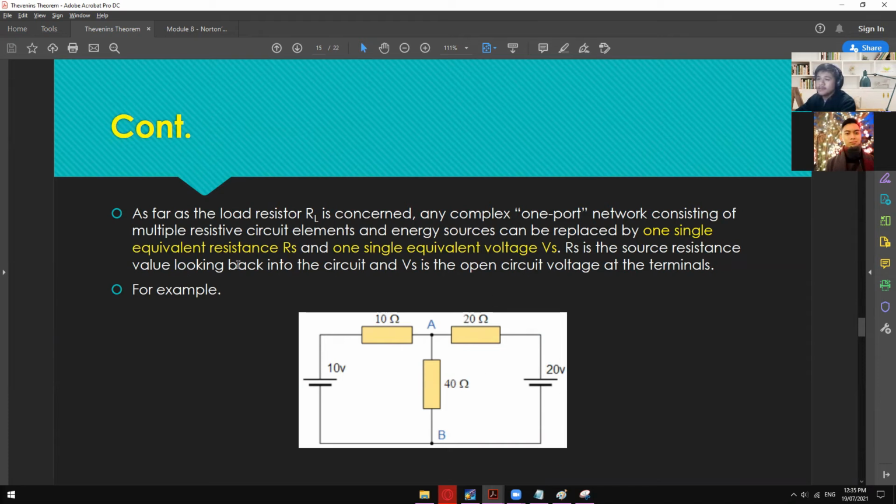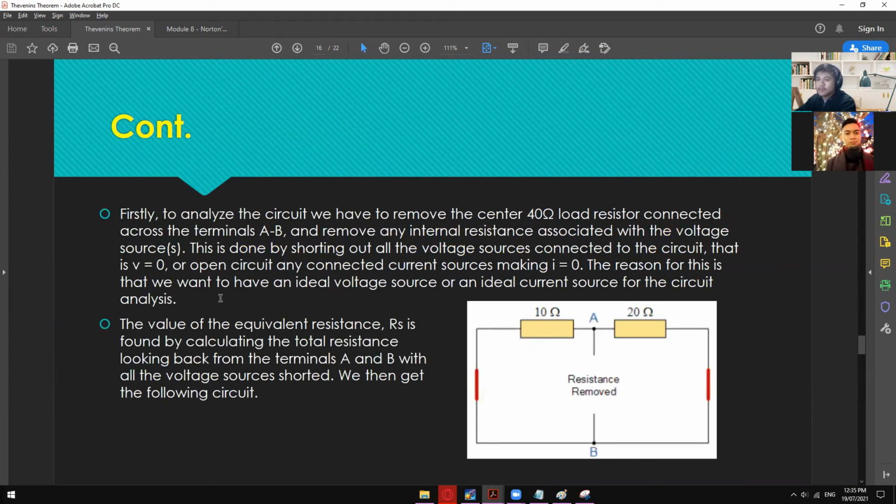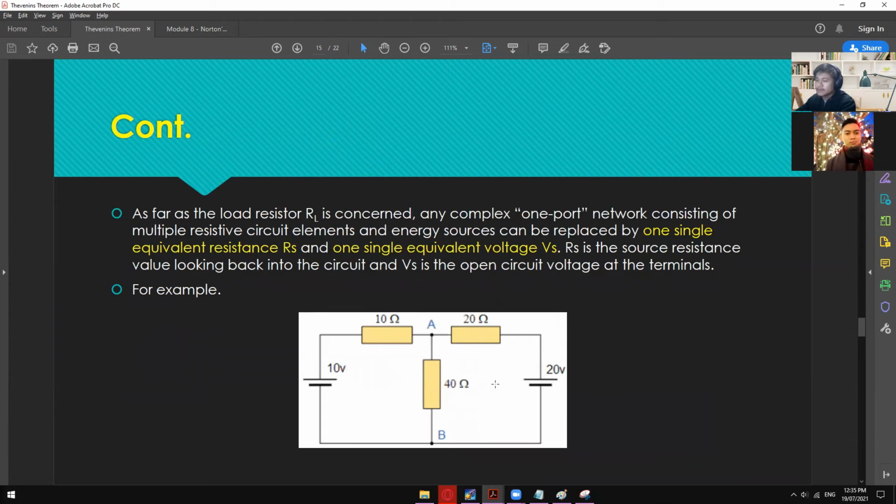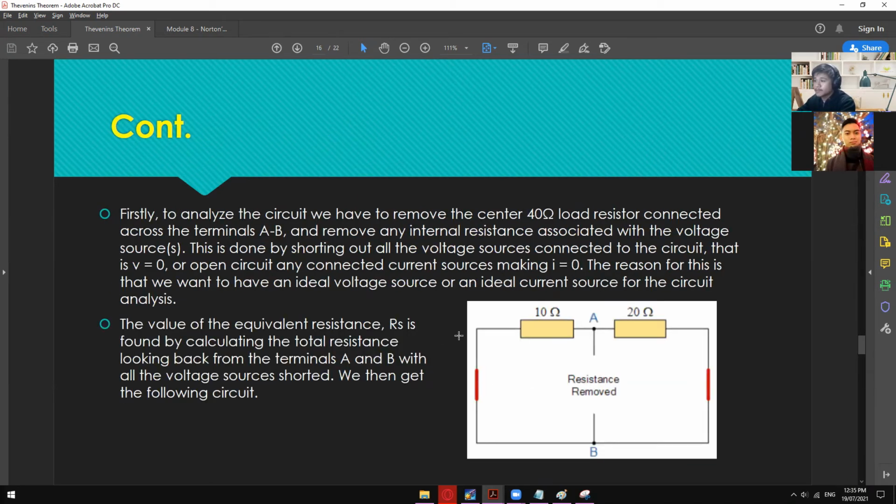So in here, what is the one that we are looking for? Well, anyway, we'll see what we are finding on this example, because I already forgot. The same concept applies on how to solve for the RTH: remove the resistance, and then remove the voltage sources.